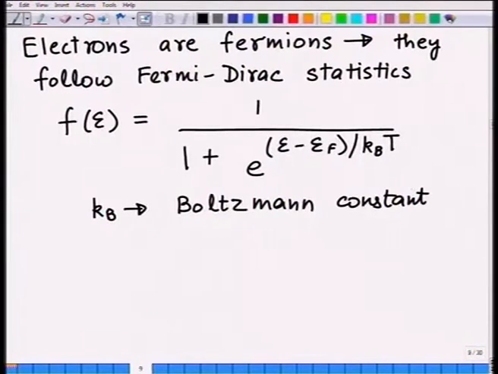Since we have been using a small k earlier also, therefore I am putting a B subscript also. There are times I may forget to put this B subscript. So in context, remember this k is not the reciprocal vector in the reciprocal space, rather it is the Boltzmann constant.